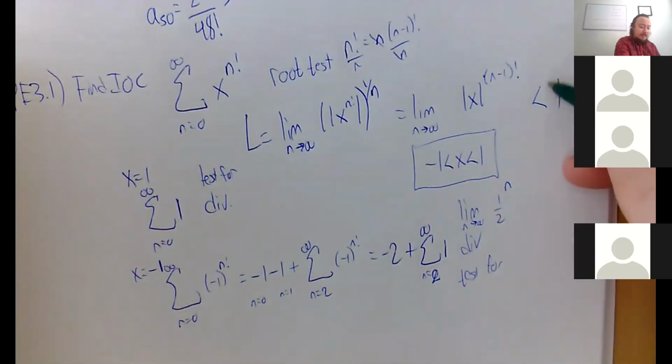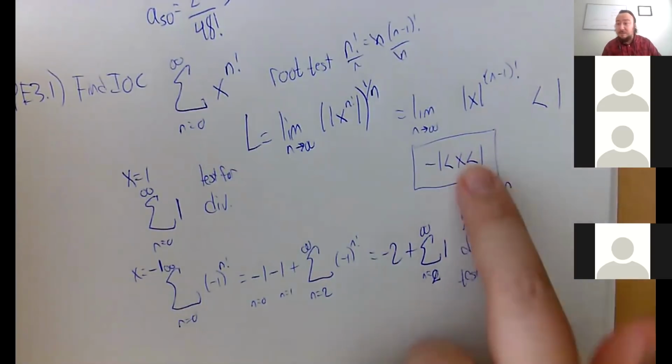So there's no way that's going to be less than 1. But on the other hand, if we plug in a number that's absolute value less than 1, like say 1/2, if I keep multiplying those together, that limit's going to go to 0, which is less than 1. So anything that has absolute value less than 1, which is in this interval right here, those will all go to 0, and so they'll satisfy the root test. That's why it's in it.